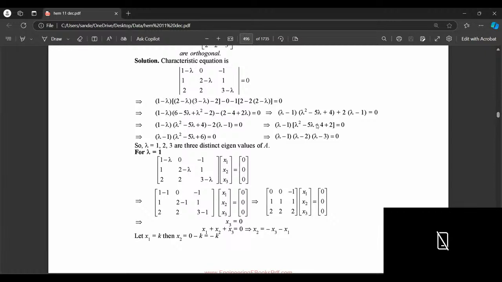So the first eigenvalue is lambda equal to 1. Just put lambda equal to 1.